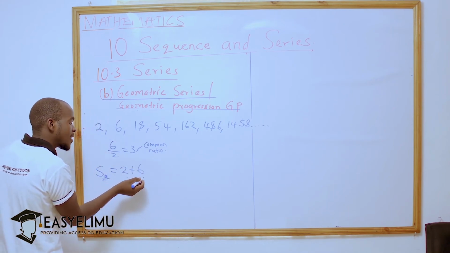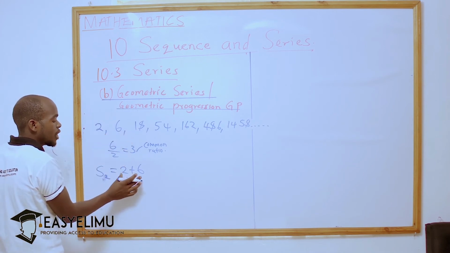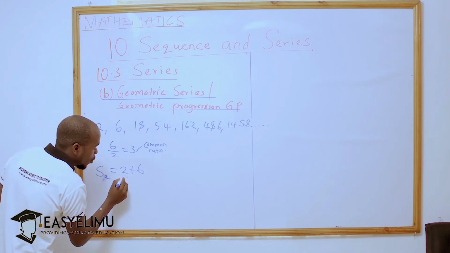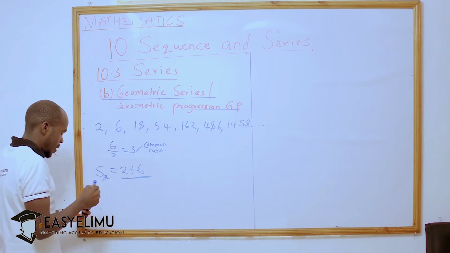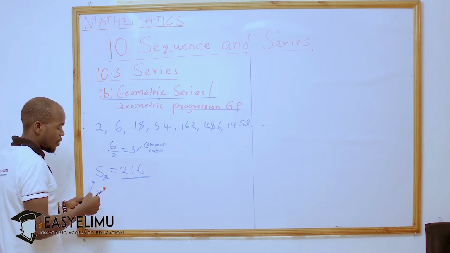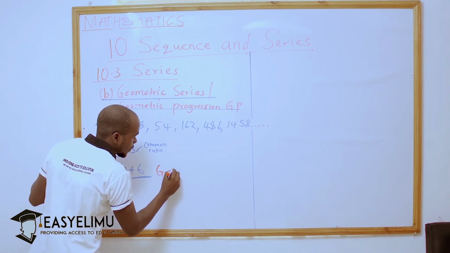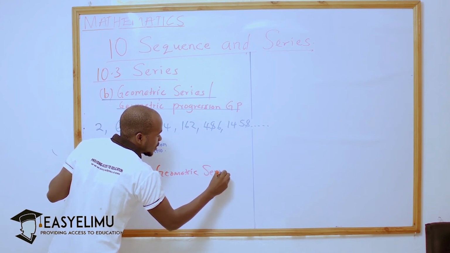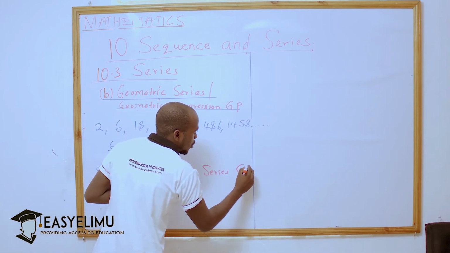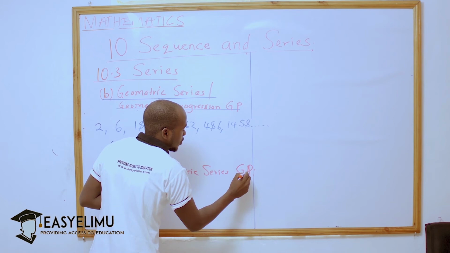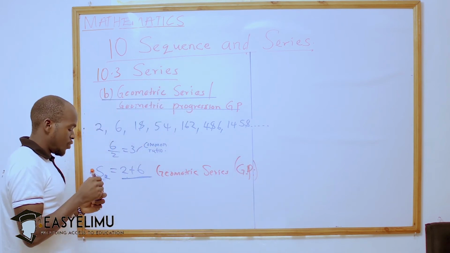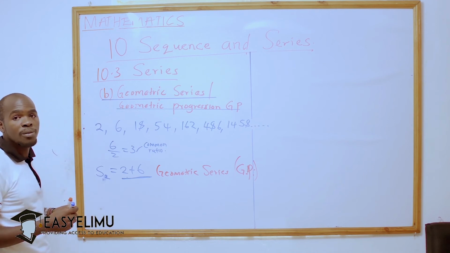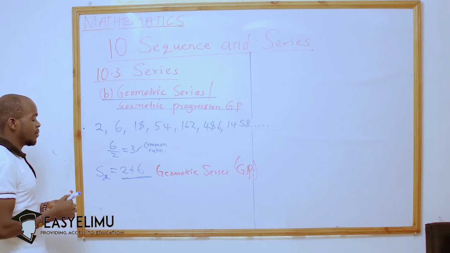Here 2 and 6 are terms in a geometric sequence, and what I'm resulting with is what we refer to as a geometric series, or sometimes a geometric progression, GP. If you have the sum of some terms from a geometric sequence, we say it's a geometric series.